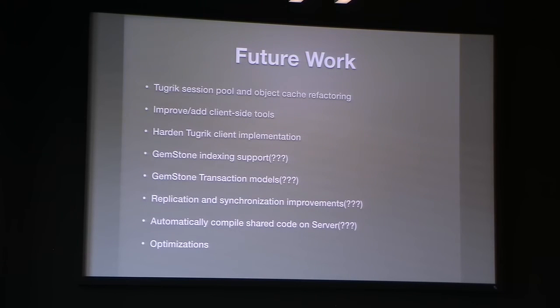In Seaside, if you're familiar with GemStone Seaside, you didn't have to write any transactions. Transactions happened automatically at HTTP boundaries. When a request came in, you aborted. When the request was returned, you did a commit. And if there was a conflict, you retried. That's not going to work in a Voyage application using GemStone, because the point of using GemStone is for you to control your transaction boundaries.